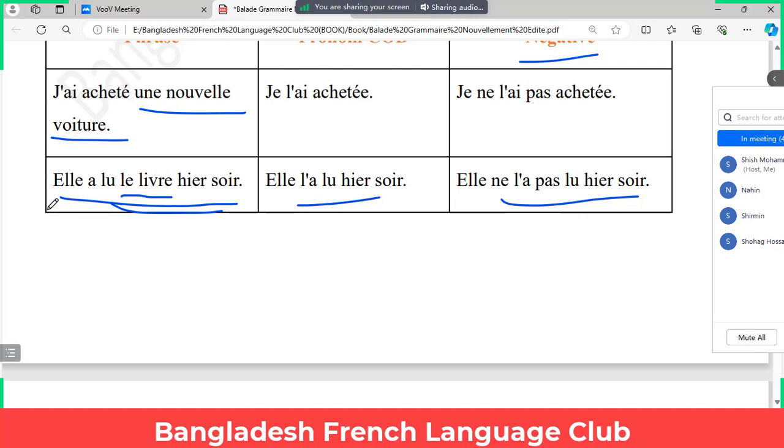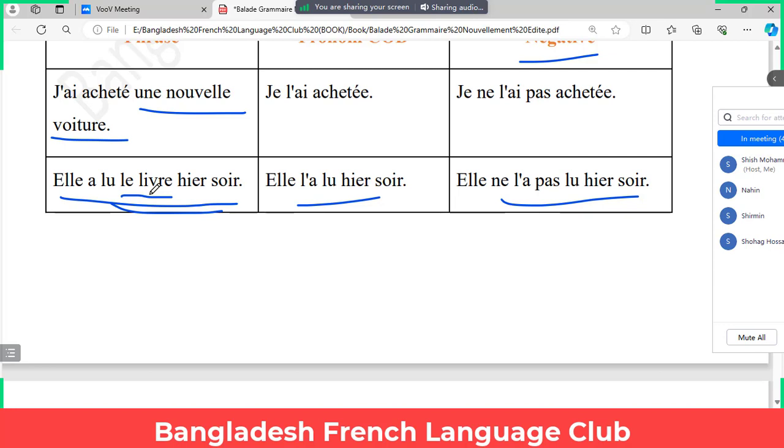So, elle a lu le livre. Can you tell me, is it a direct object or an indirect object? I explained how to recognize the direct and indirect object. It is, I guess, an indirect object. How is it indirect?